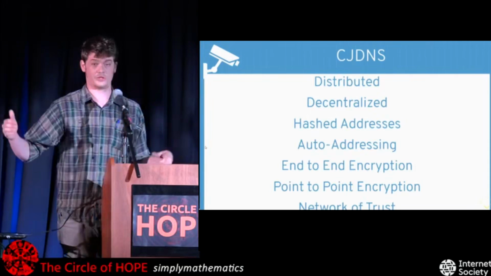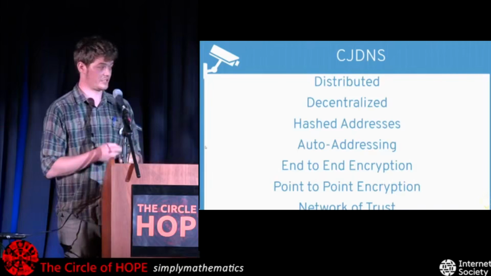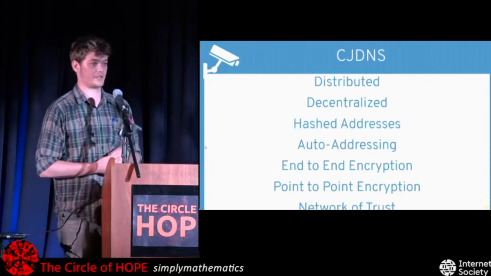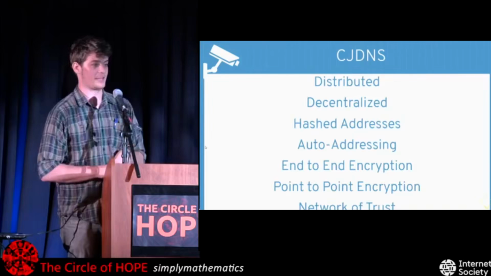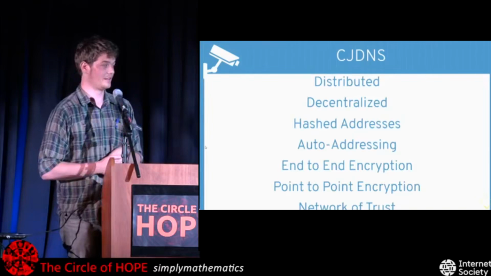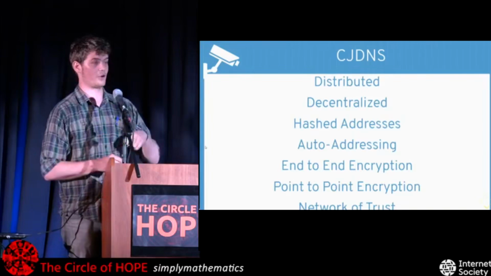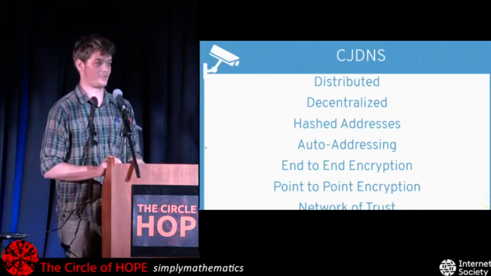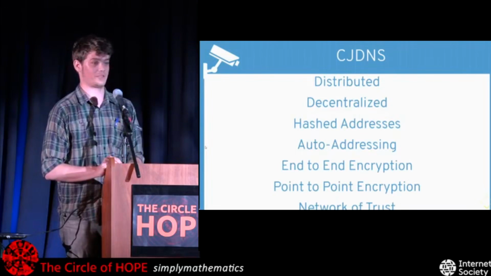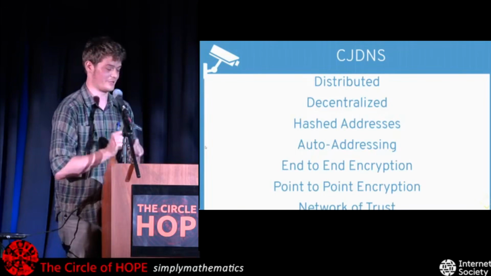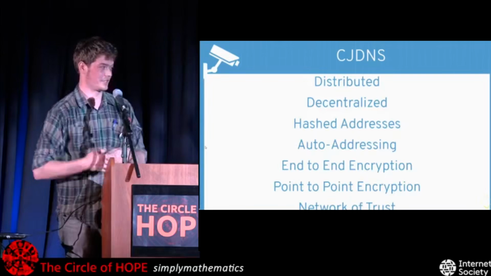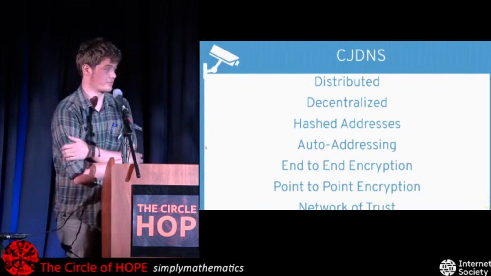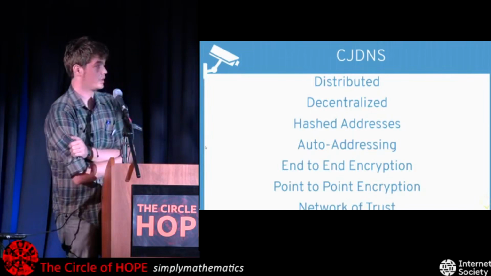So you have that much larger address space, and because it randomly generates addresses, you could potentially have collisions, but the likelihood is smaller than 1 over the number of hydrogen protons in the universe. So there's virtually no chance of collisions unless you have bad random number generation somewhere.